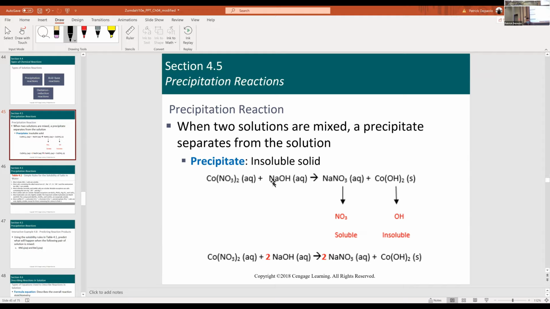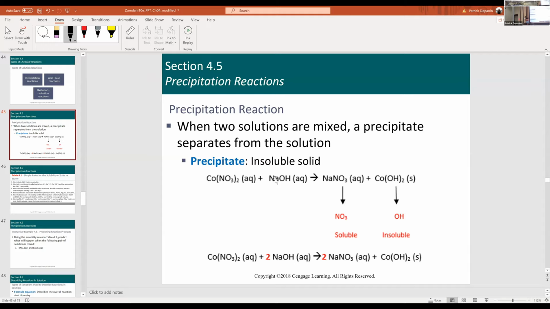But here's an example of a precipitation reaction. You have cobalt-2 nitrate mixed with sodium hydroxide, which is a strong base. When you mix those, what will happen is the anions will switch, or you can think about it as the cations will switch. So cobalt will switch with Na, and you'll have NaNO3, and you'll have cobalt-2 hydroxide. Now, cobalt-2 hydroxide is actually not soluble, whereas both of the starting materials in the reactants are soluble.